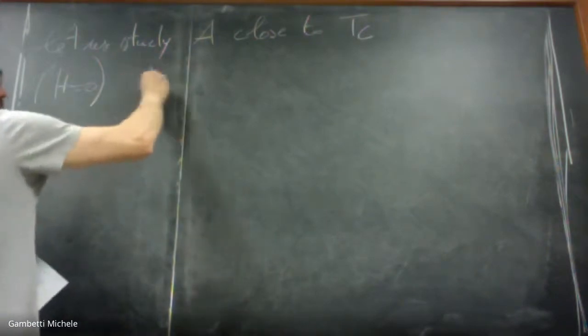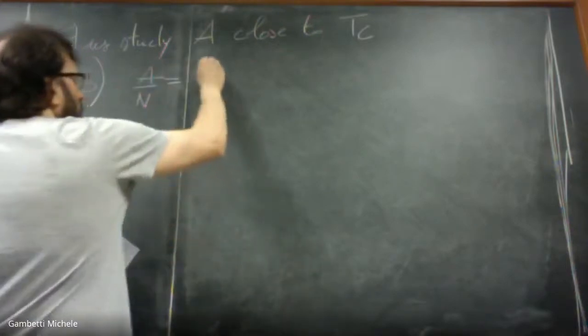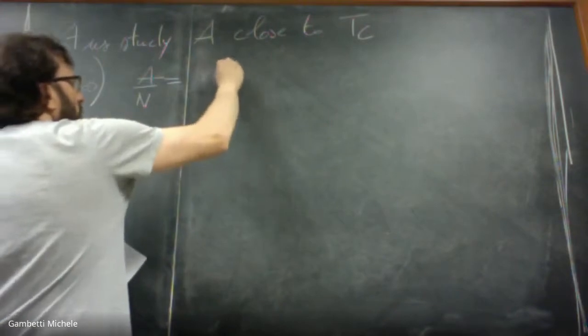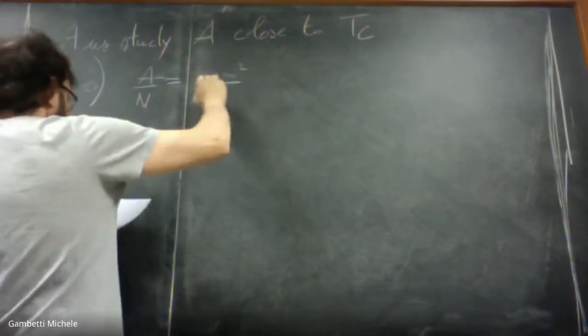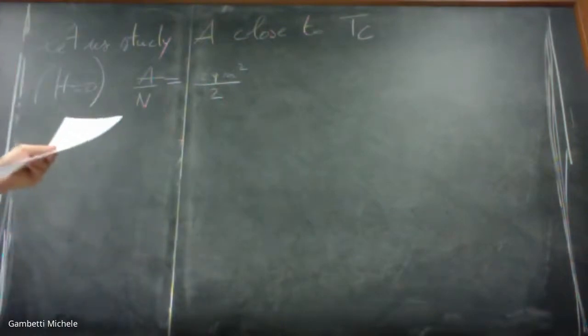And A divided by N was provided by this formula: epsilon q m squared divided by 2.